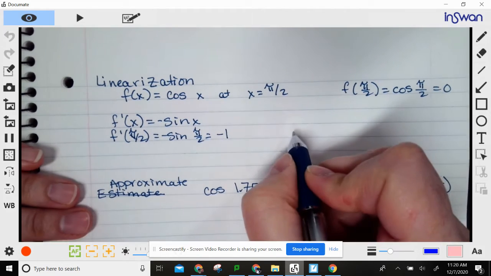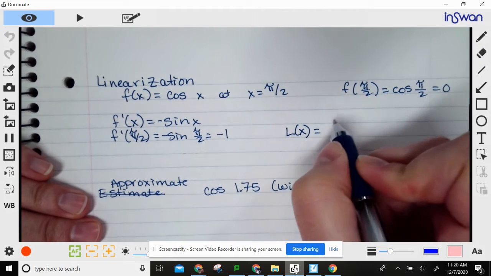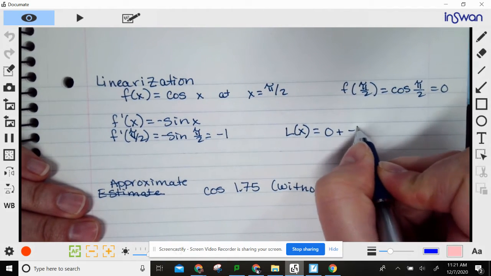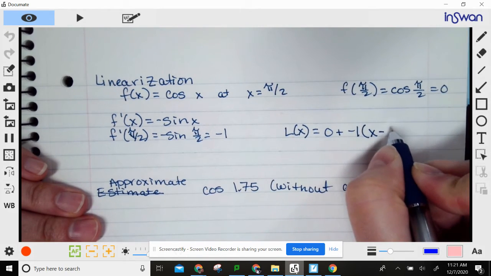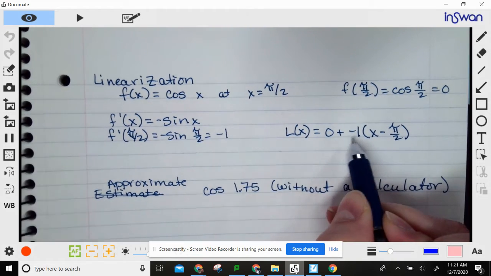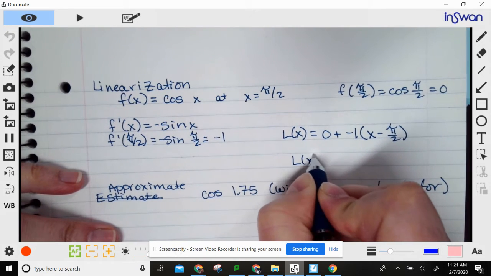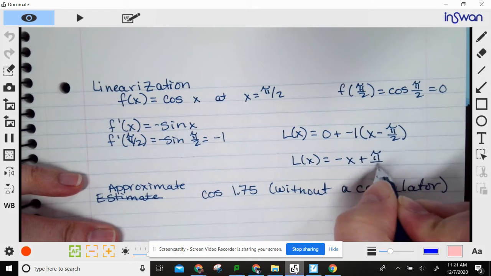So I'm going to start by writing my linearization, and it equals f of a plus my slope, f prime of a, times x minus a. Just simply because I have a negative 1 here and I have a 0 there, I'm going to simplify this. So I end up with negative x plus pi over 2.